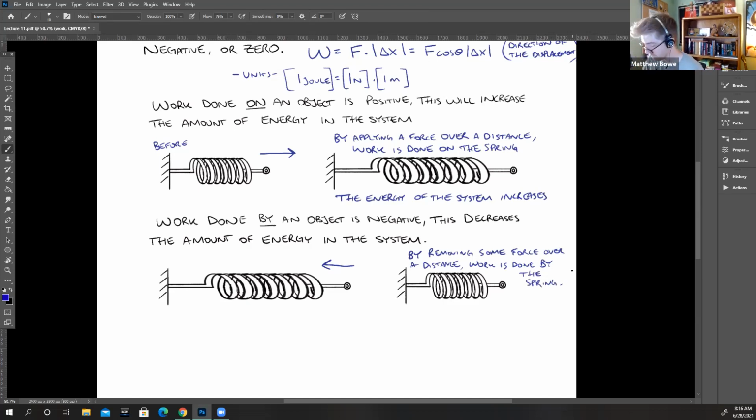And I can finish this off in the same way by saying, since the spring is doing work, work done by the spring, the energy of the system decreases.